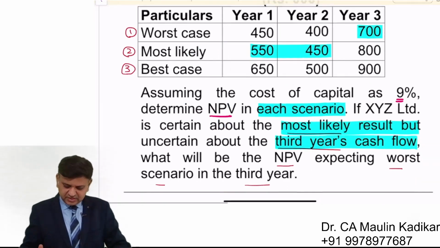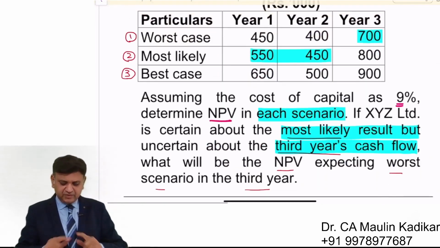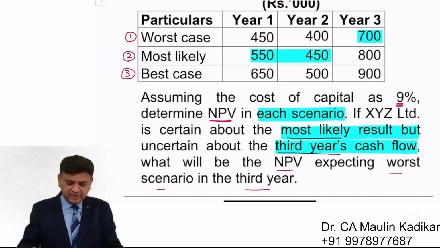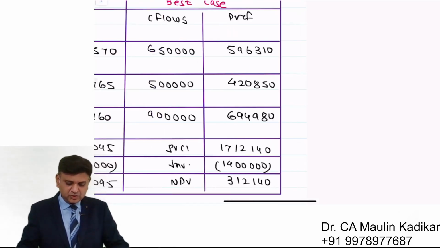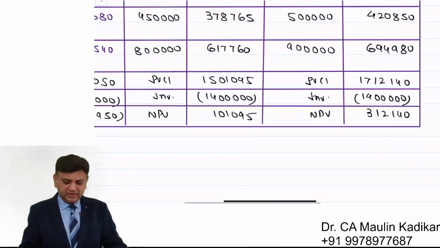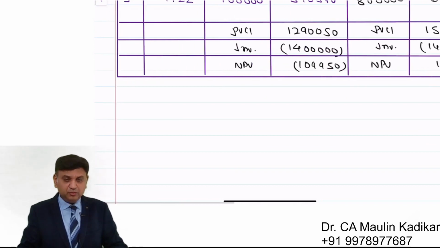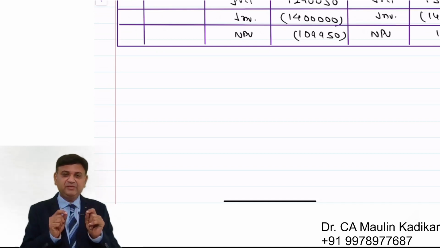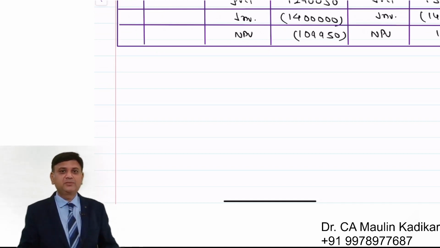The question further says that if XYZ Limited is certain about the most likely result but uncertain about the third year cash flow, what will be the NPV expecting the worst scenario in the third year? For the first and second year, we have the expected cash flow equal to the most likely, and for the third year it is the worst outcome. Based on that specific situation, NPV is to be calculated.